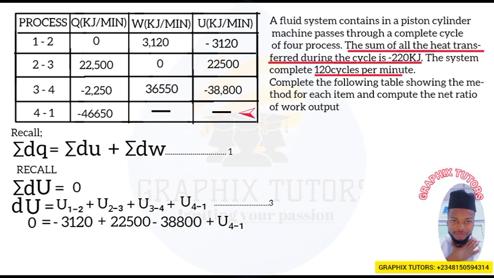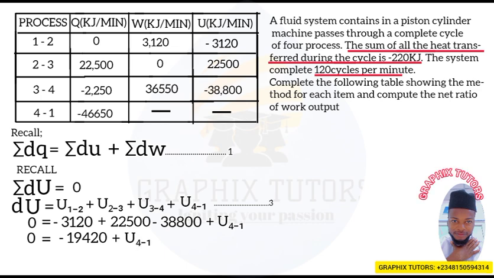So if you do the needful, we're having 0 equals to, when you do the summation of everything you have here, minus 3,120 plus 22,500 minus 38,800 will give us minus 19,420 plus U4 to 1.